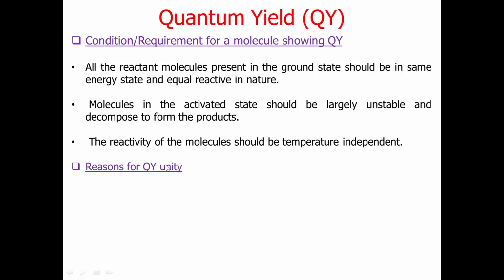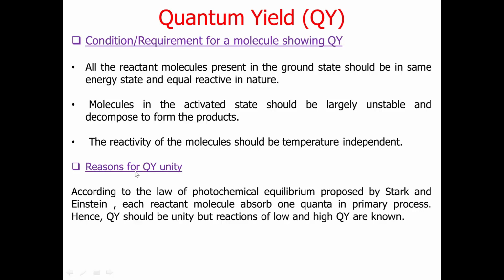The question comes up: all of you know that the theoretical value of quantum yield should be unity, so what is the reason behind it? According to the law of photochemical equivalence proposed by Stark and Einstein, each reactant molecule absorbs one quantum in the primary process, hence the quantum yield should be unity.